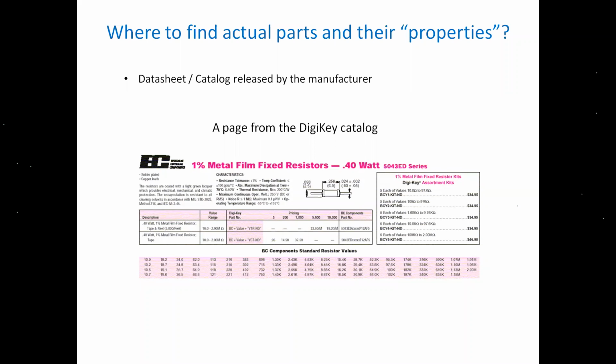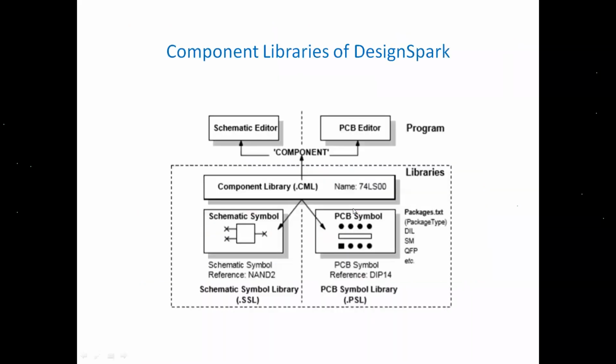For example, DigiKey releases them for most components, where you can see, for example here, the dimensions of a metal film resistor. Here the body width is 6.5, and the lead size, lead width and length are also given. Based on these values, you need to create the footprint library.